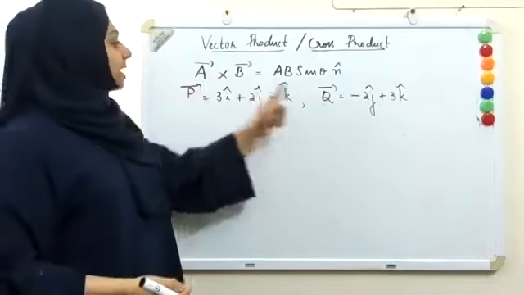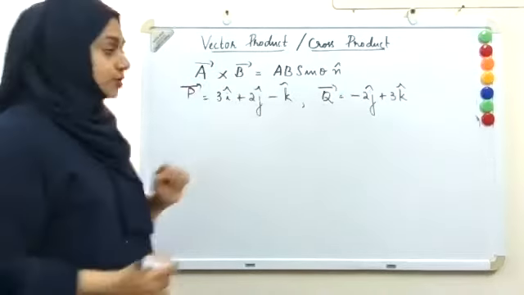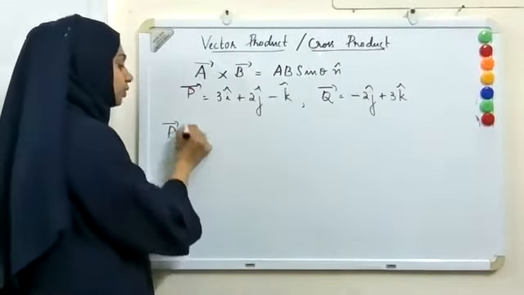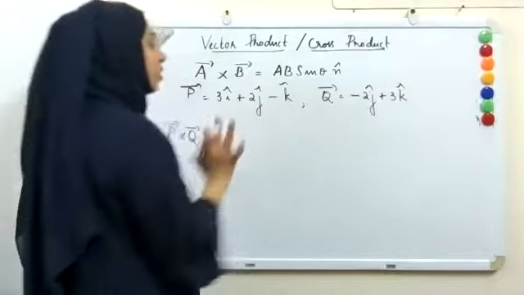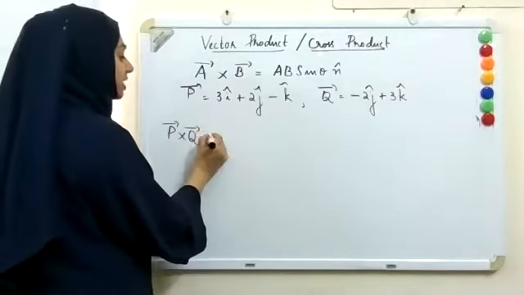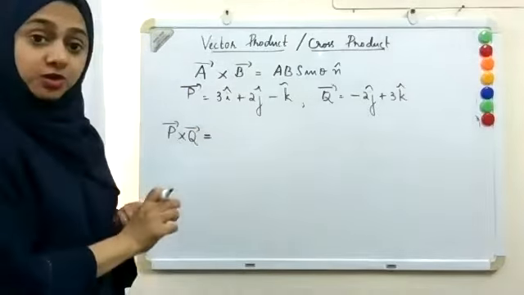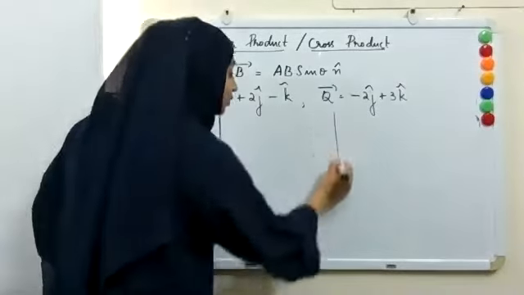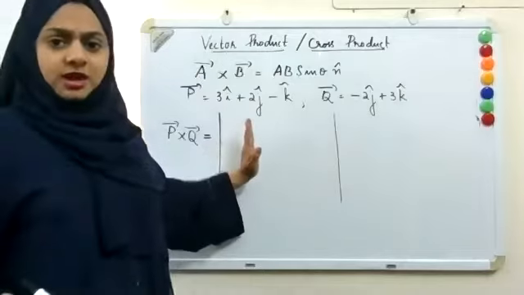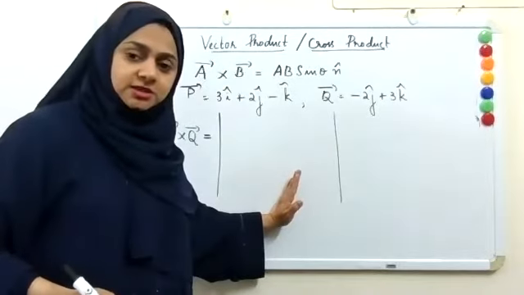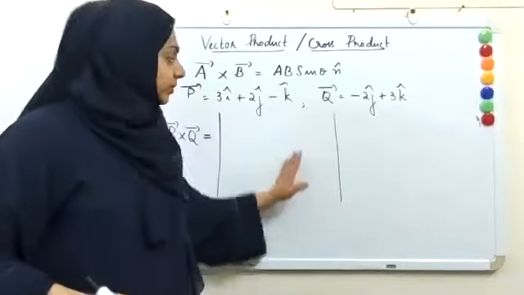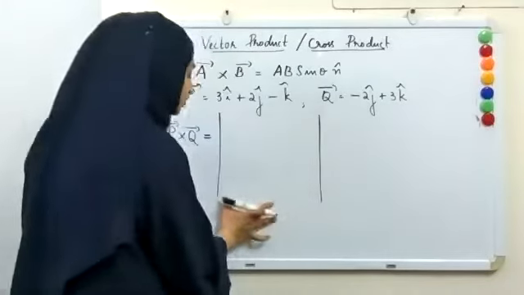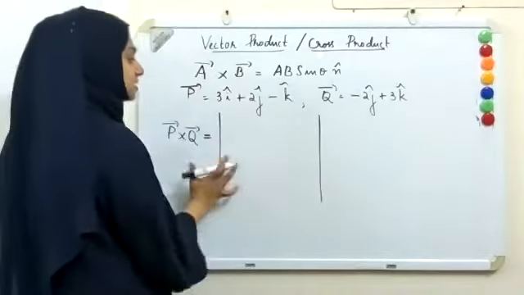Find p cross q, given in the component form. You can write p cross q as a determinant. Do you remember determinants? Have you learned them in math? Yes? Okay, so you know how to find the determinant.